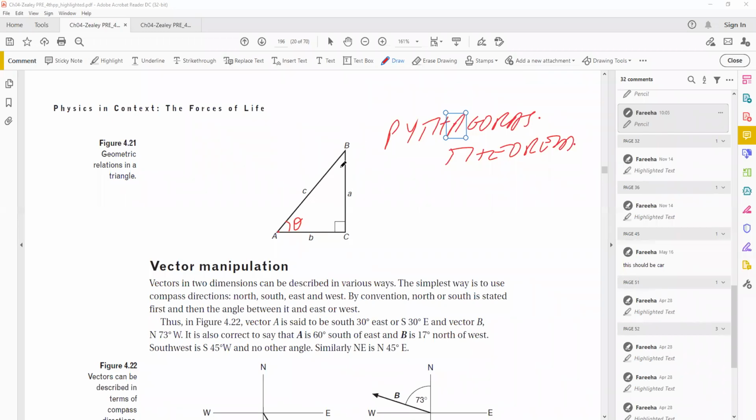Now, this line which is opposite to the angle theta is called the opposite side, or it's also sometimes called the perpendicular. This line, which is opposite to the right angle, is called the hypotenuse.